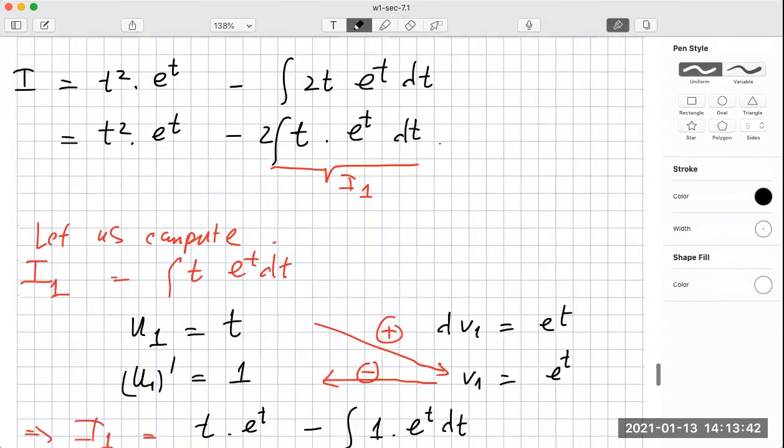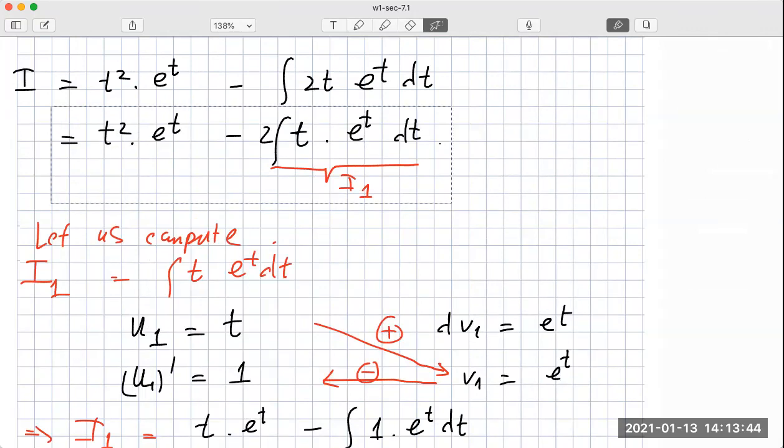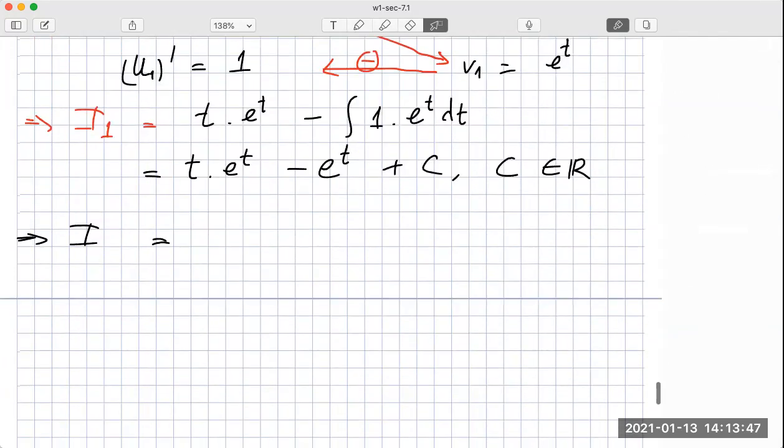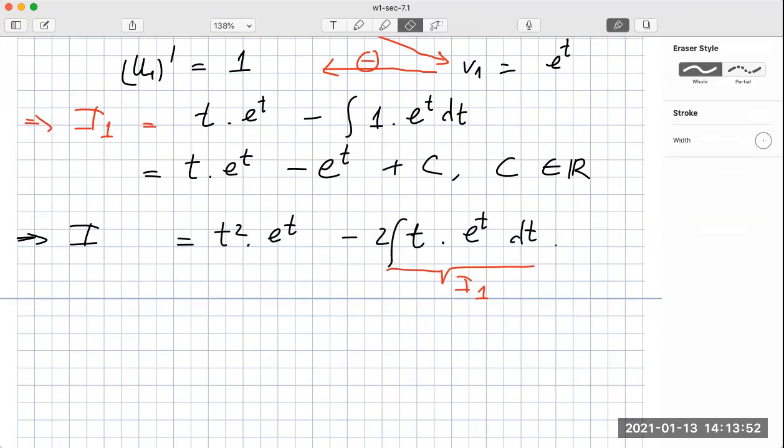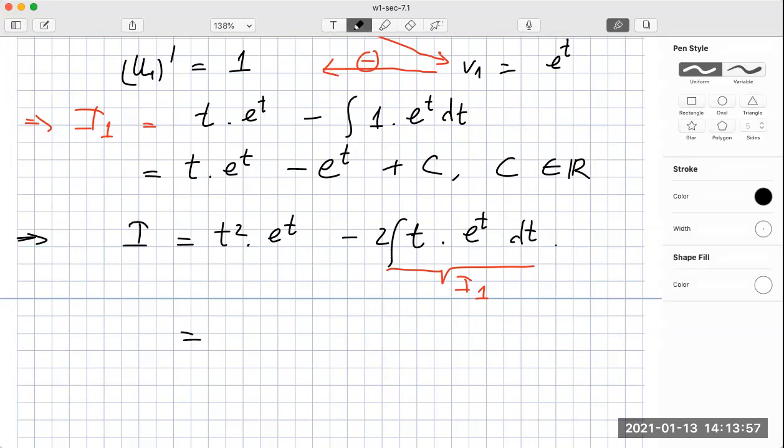I will be, let me copy it here. And from the above computation, we have 2 times t e to the t here, right? And subtract e to the t plus a number c here, okay?